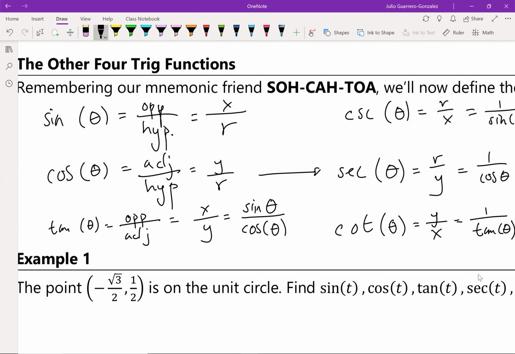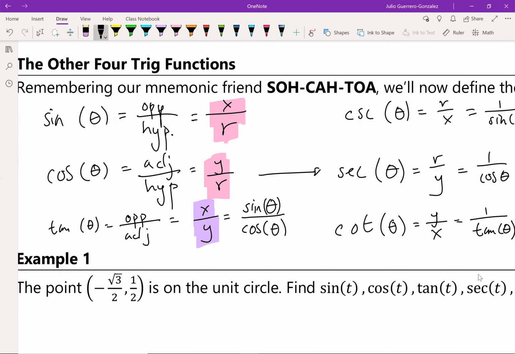And the way that happens, we see that tangent is equal to x over y. So if you grab sine, which is x over r, and cosine, which is y over r, and you divide them, you get x over y. Hence the reason why tangent is equal to sine of theta divided by cosine of theta.